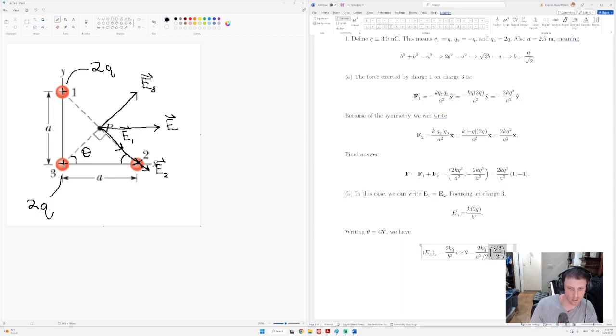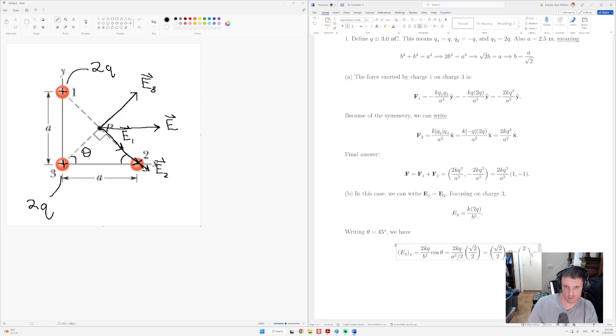So this is going to be root 2 over 2 times 2kq. Division by a fraction is like multiplication by the reciprocal, so it should be 2 over a squared here. And then we're going to have another 2 at the end. Let's not worry about that now, because we have to double it.